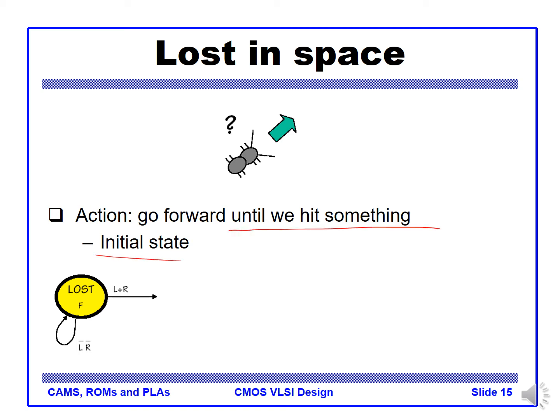So we start from the lowest state. If nothing happens on the left and right sensors, then we stay in the lowest state, and the action is forward. We keep going forward. If one of L or R is hit, so we hit the wall on the left or right, then we go to the next state.